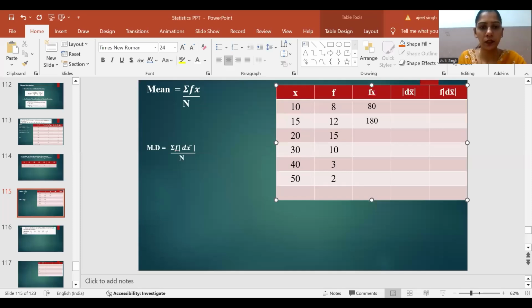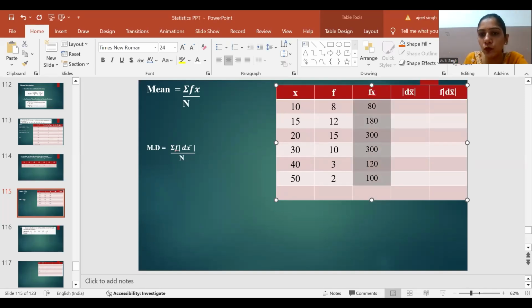After that, 20 into 15, it is 300. Now 30 into 10, again 300. 40 into 3 is 120. And 50 into 2 is 100. So these are the values of fx.